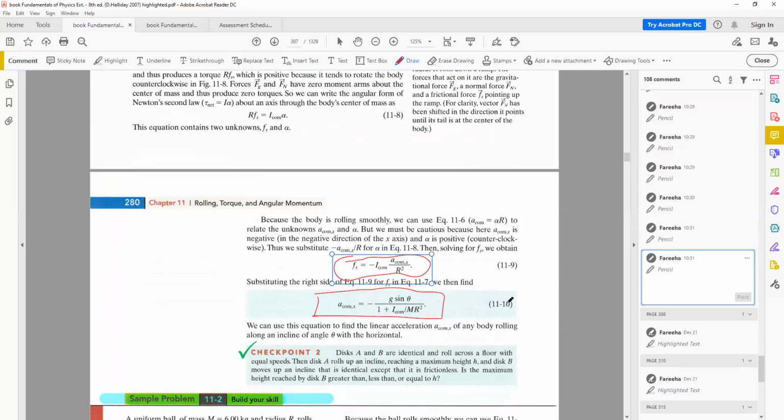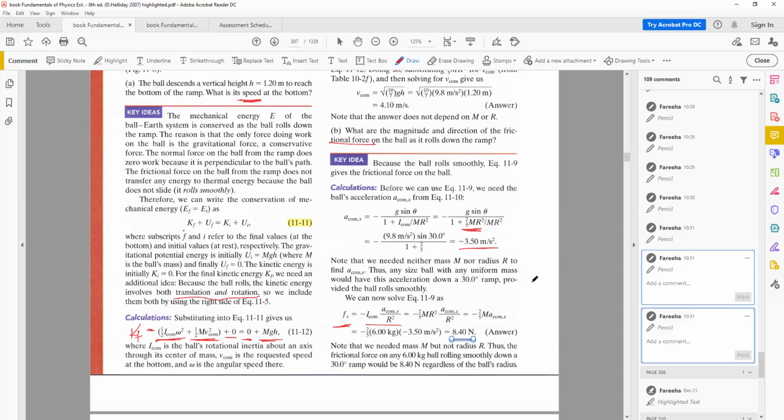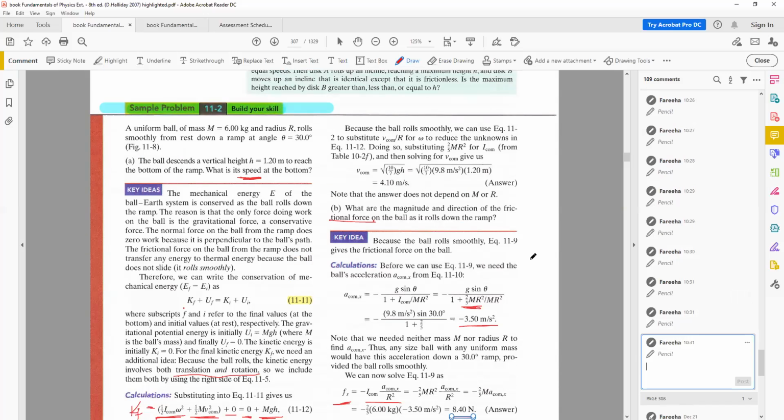In order to use this formula, we needed a_COM. We have already found a_COM here, and we can put these values. We know I_COM from the table, we found a_COM from here. We substitute these values and we get this quantity, and for this quantity we can again substitute values and find the answer for the frictional force.